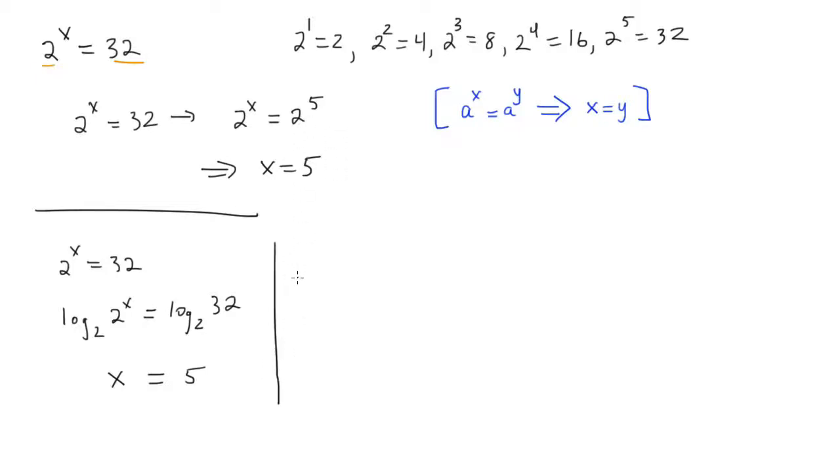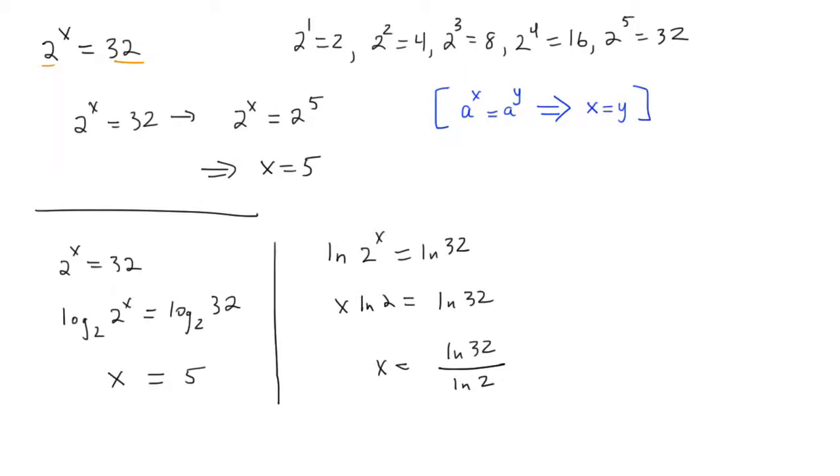If we wrote it with natural logs, for example, we'd have this. And so x times natural log of 2 would be natural log of 32, and x would be natural log of 32 divided by natural log of 2.